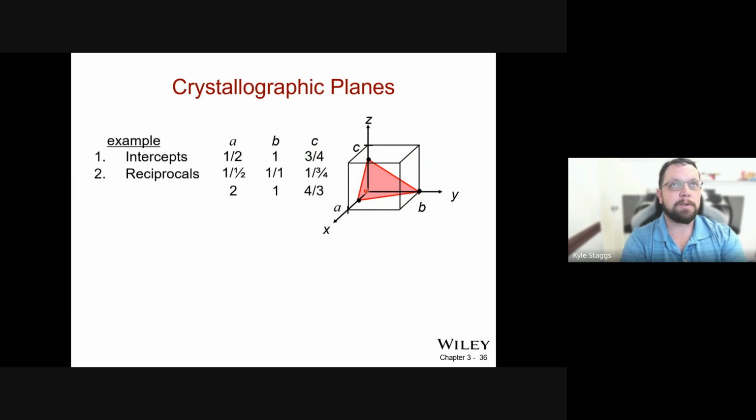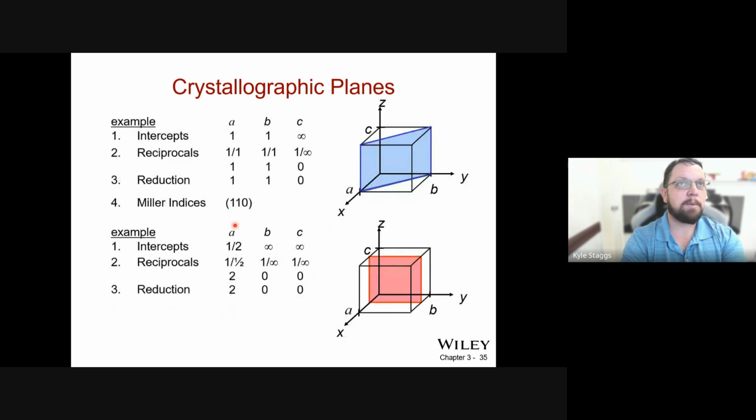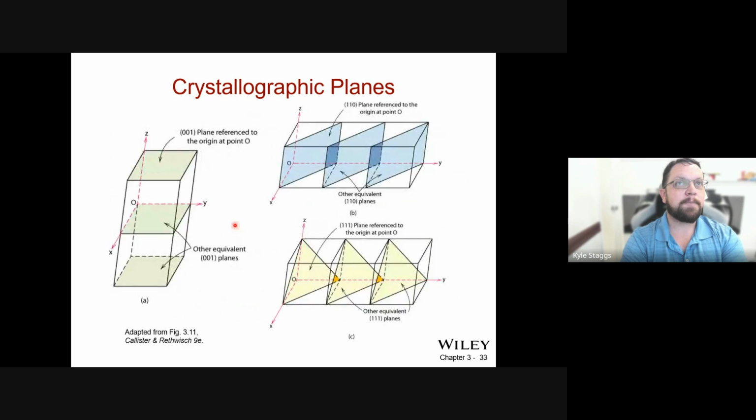You take the reciprocals of those, you get 2, 1, and 4/3. Then to clear the fractions, we get to 6, 3, and 4. There is no least common multiple factor there. So the Miller indices are 6, 3, and 4. Just as in these other examples, you're going to have other equivalent planes continued along the axis.